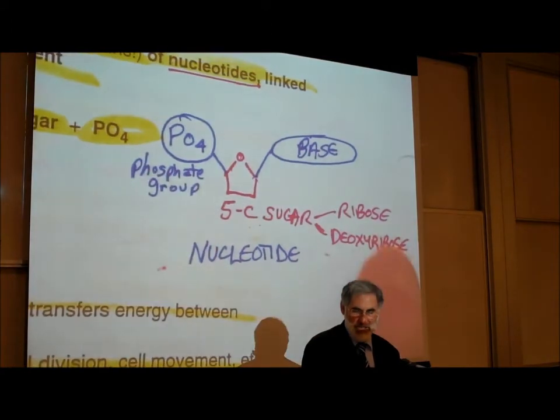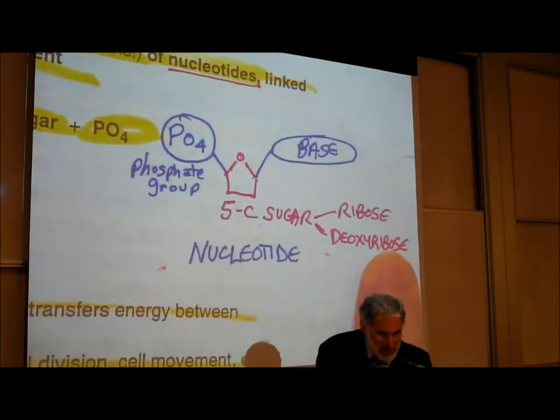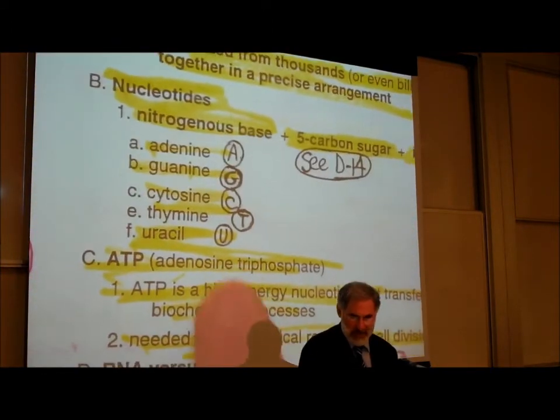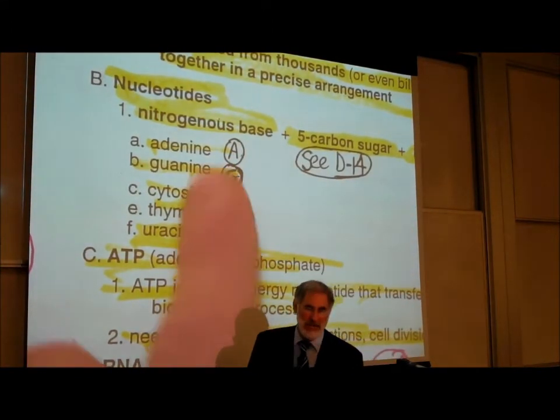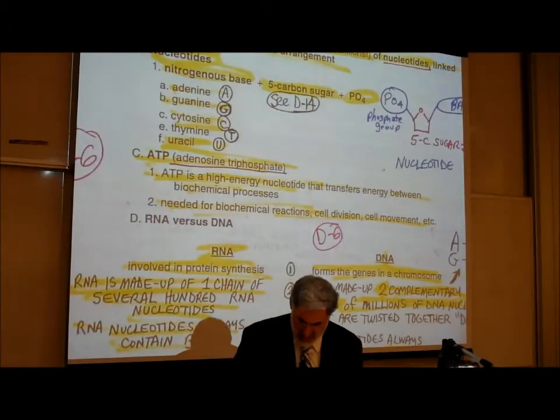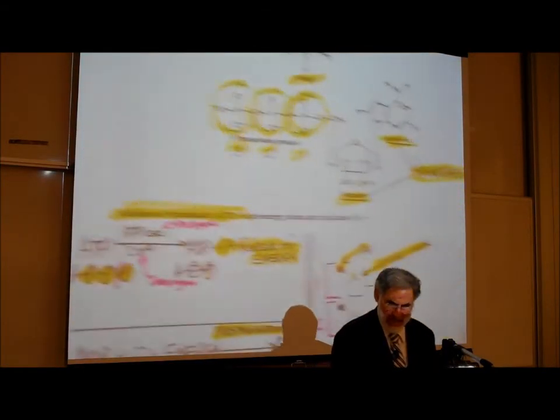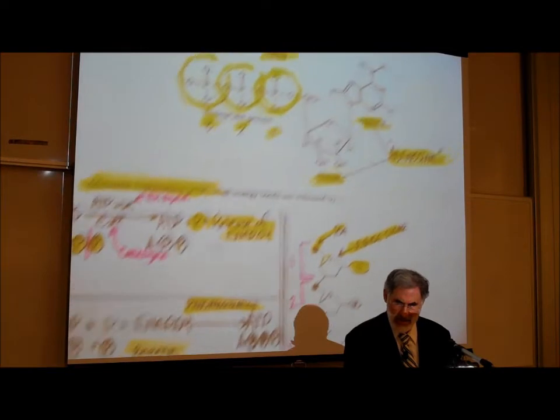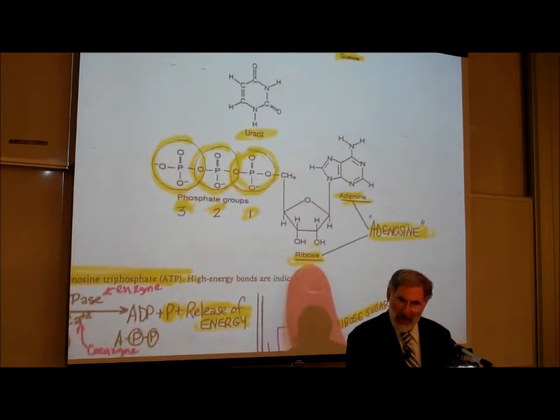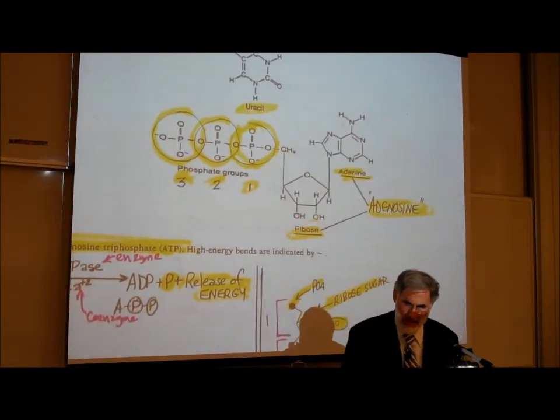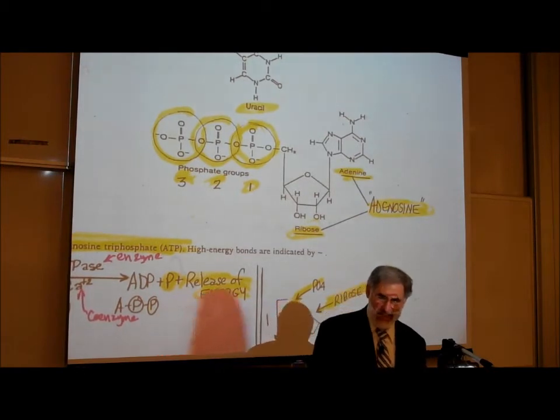We've talked about these 2 sugars before. The question is, what's a base? There are actually 5 bases. They're identified right here. And on page D14, we were looking at an ATP molecule, adenosine triphosphate.